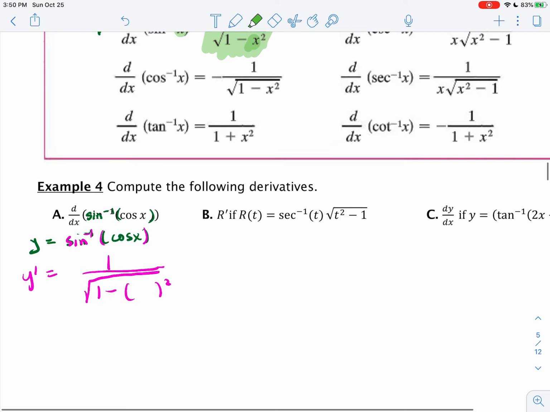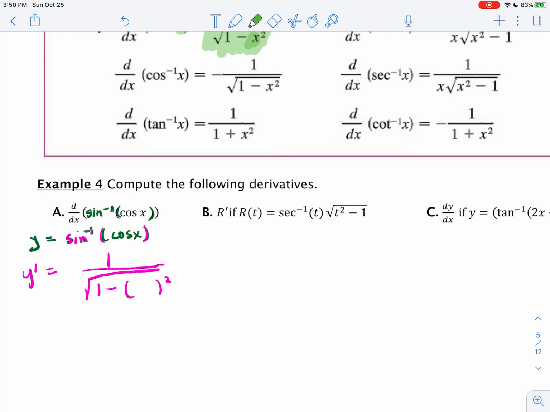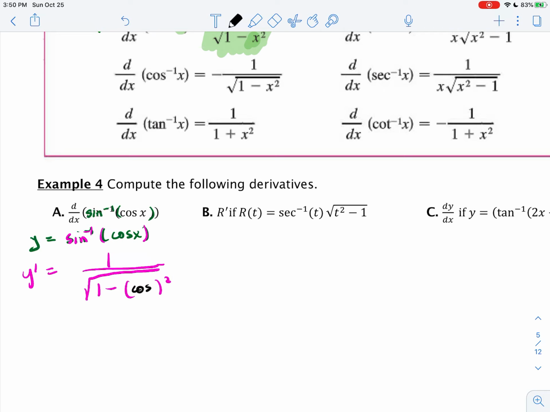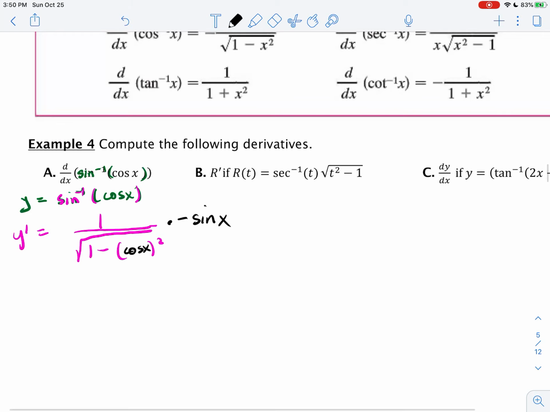And notice that whatever this x is, that is what this is, and that's why I leave a space for that. So remember our chain rule: it's the derivative of the outside, evaluated at the inside, but then times the derivative of the inside, right? That's my chain rule.